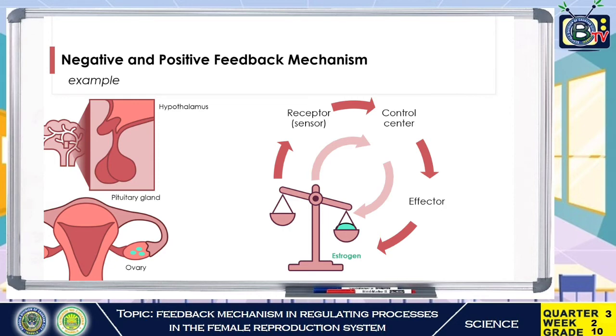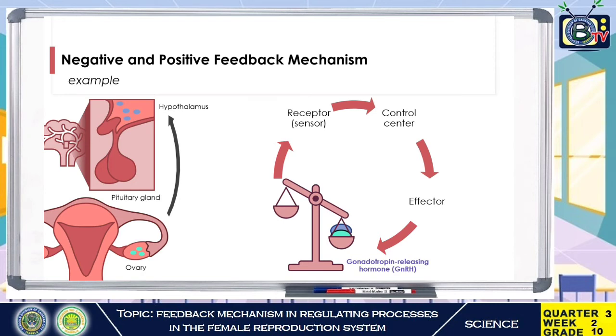This is an example of positive feedback because the release of estrogen product also triggered the release of GnRH and LH, more products.